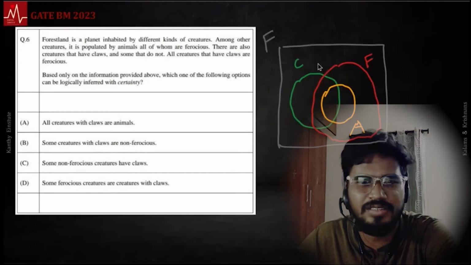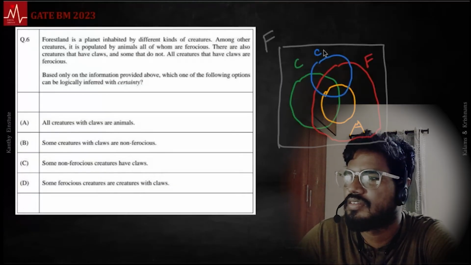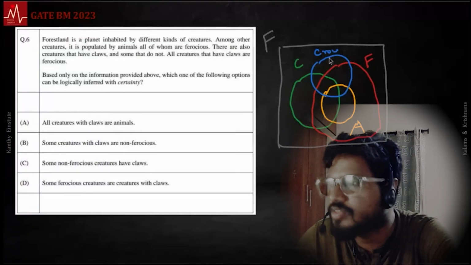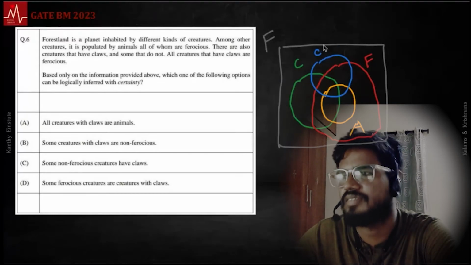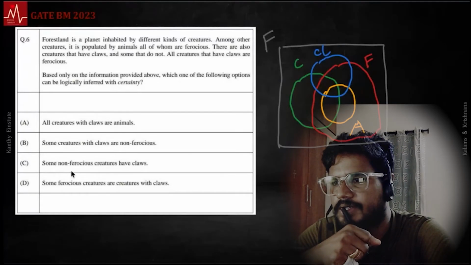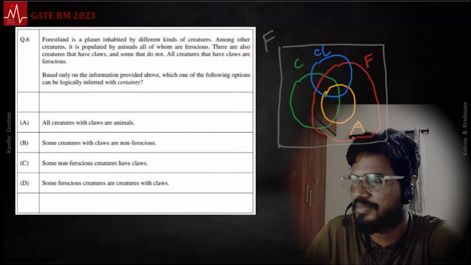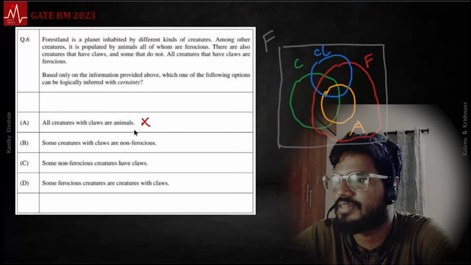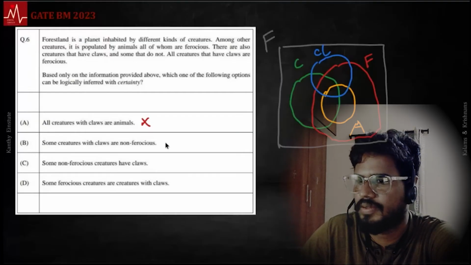Again, I am going to pick one universe. All creatures with claws are animals? I already found a counter example, so I ruled it out. Some creatures with claws are non-ferocious. That is a possibility.